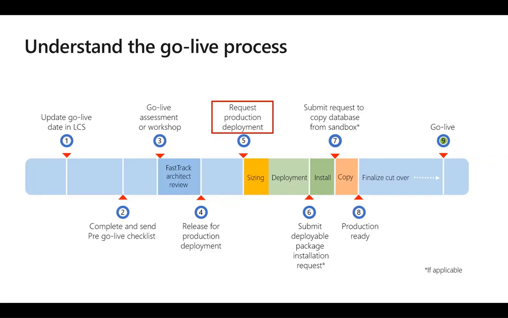The customer should request the production deployment and submit it to Microsoft only after the FastTrack architect has finished the assessment. As an earlier part of this step, the sizing team should have informed the customer of the topology needed and pricing option.